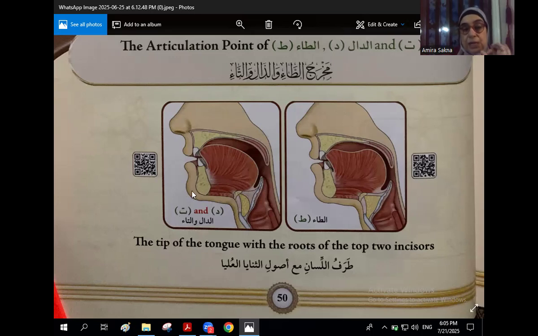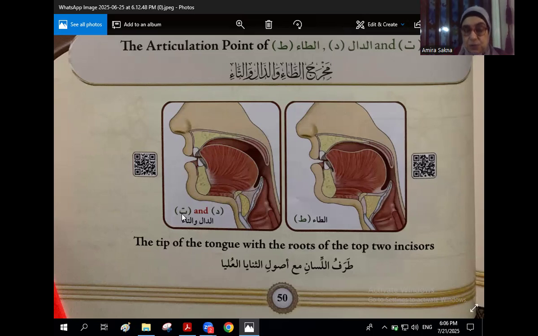While with Ta, when I open the articulation point, I open it gently, nicely, quietly, and I allow only the air to pass through the articulation point, not sound. Repeat, with Dal and Ta, pay attention kindly. The articulation point is closed. But when I open it, sound will pass with Dal, and air or breath will pass with Ta.